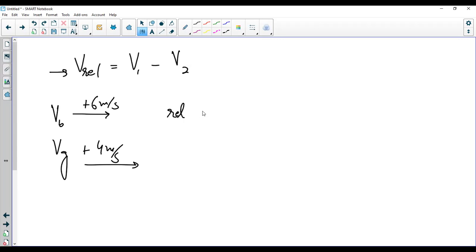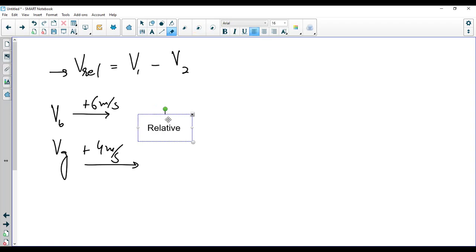I do write the full sentence because it does make a difference. So what I have worked out is the relative speed of blue with respect to green.